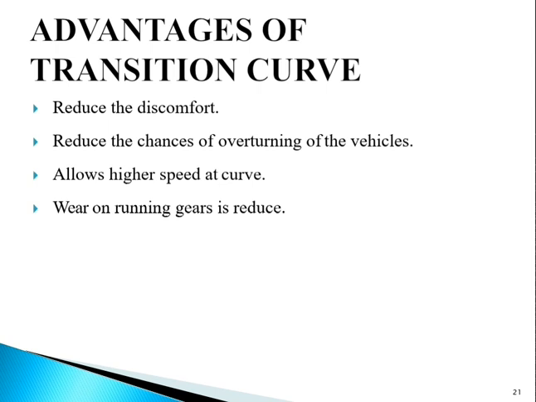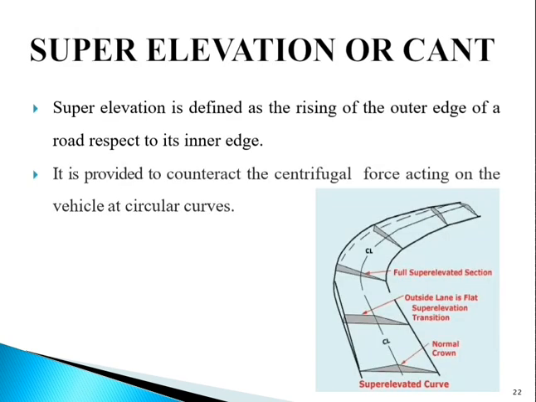In this we have one special term mentioned, super elevation or cant. Let us understand super elevation or cant. You can see in the image all the criteria are mentioned. Super elevation is defined as the raising of the outer edge of a road with respect to its inner edge.